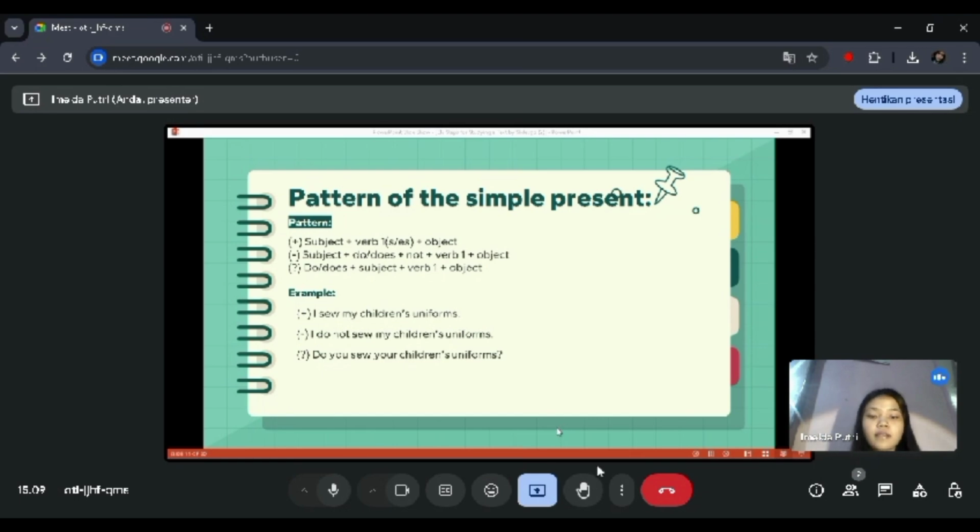Negative: subject plus do or does plus not plus verb one plus object. Questions: do or does plus subject plus verb one plus object. The example, positive: I sew my children's uniforms. Negative: I do not sew my children's uniforms. Question: do you sew your children's uniforms?